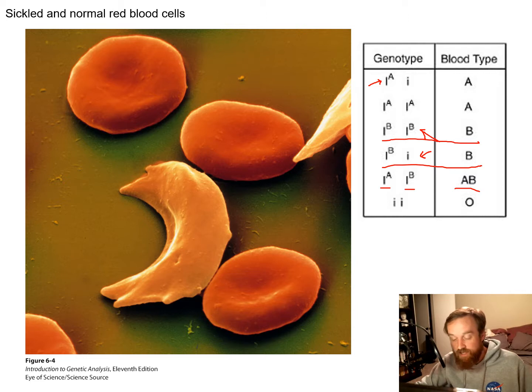And then having no copies of those specific receptors, if you're blood type I, or the two alleles of I, you are technically blood type O. So this is an example of codominance where both version A of the allele and B of the allele are expressed together and equally shown on the protein.